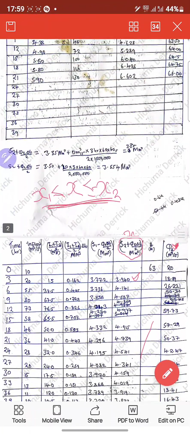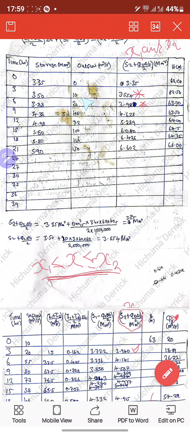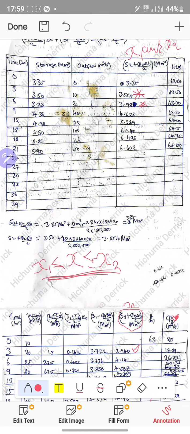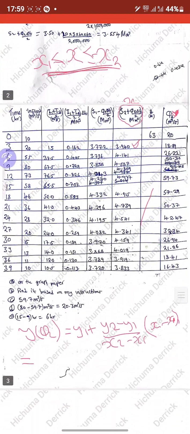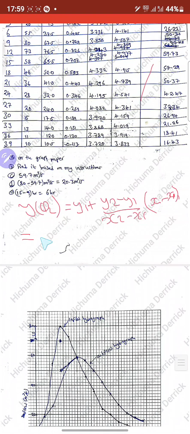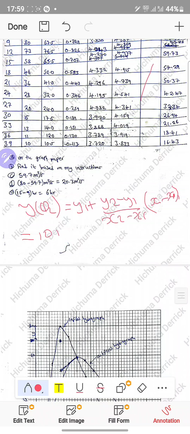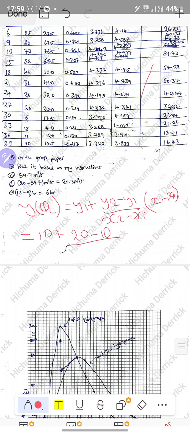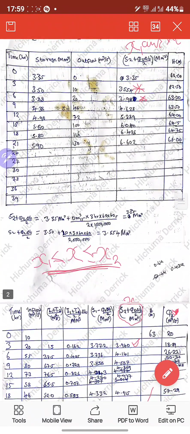Your y1 here is 10, and your y2 is 20. So you say y1 is 10 plus y2 is 20 minus 10 over, so you come to the x part, you have x2 which is 3.98, the bigger number, minus the smaller number 3.554.